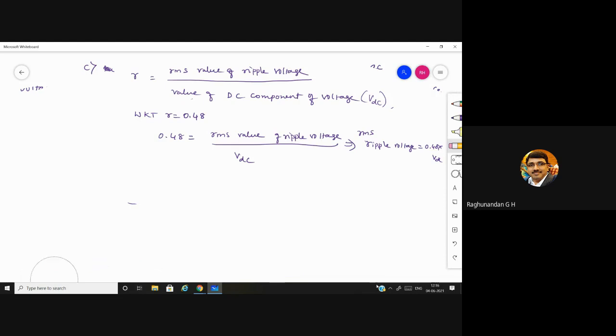Can you repeat it again? 68.688. 68.68, okay. So this is the ripple voltage we have obtained, and we can write it as VR RMS. Next, rectification efficiency, the last part.